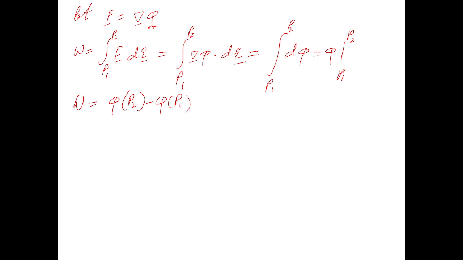So you see, this is the work done. This required no path. It only required the final position and initial position in the field. So work done is independent of path.